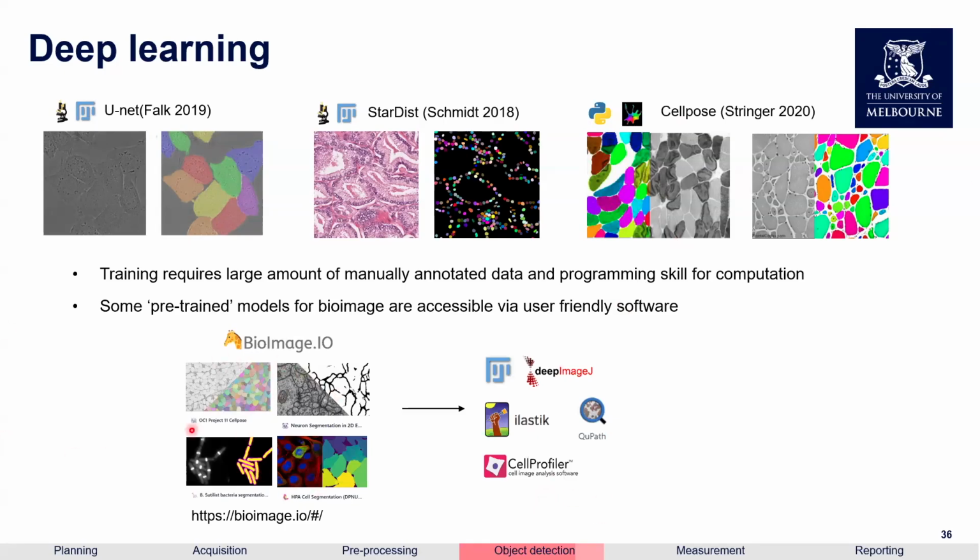For example, the BioImage Model Zoo website provides curated deep learning models. So we can just go and browse through and find a suitable model for our image. Then you can download the models and use them through user-friendly software like Fiji, ilastik, QuPath, and CellProfiler.